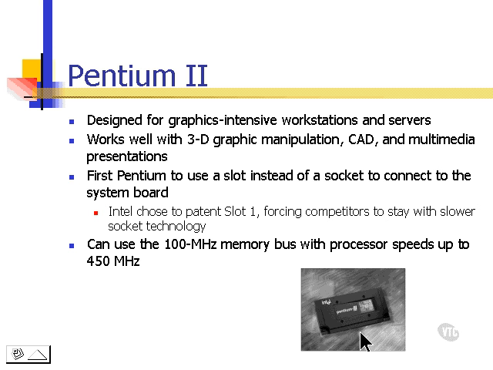In other words, the processor was installed into a component along with its L2 cache, and that component was plugged into a slot called Slot 1 on the board. Pentium II chips went up to 450 megahertz.